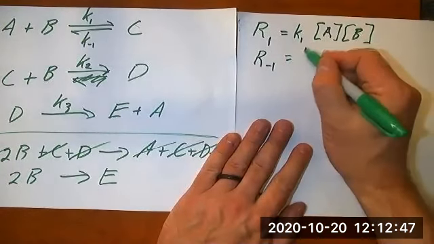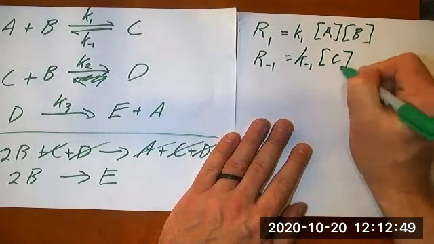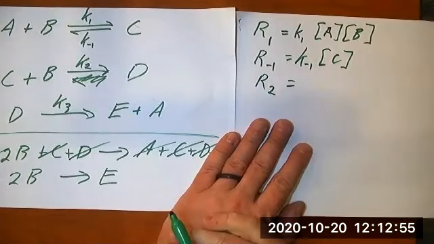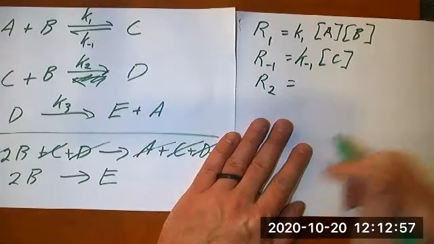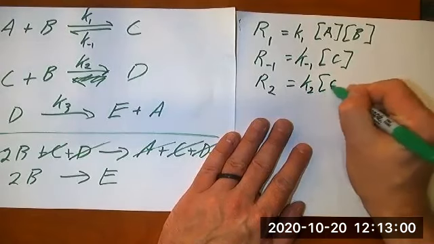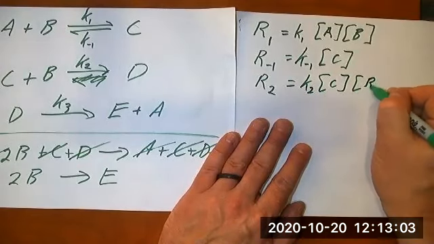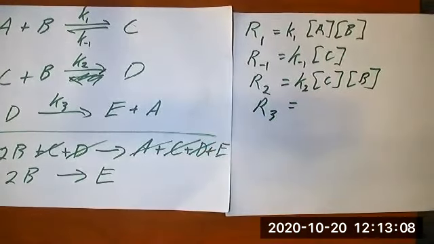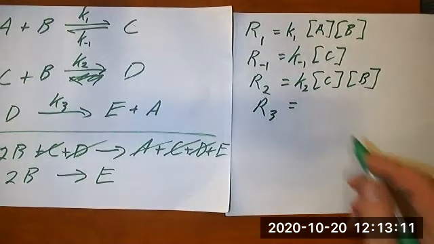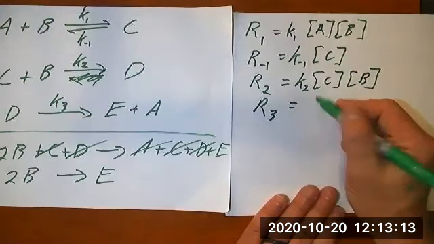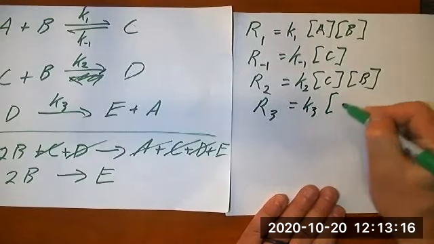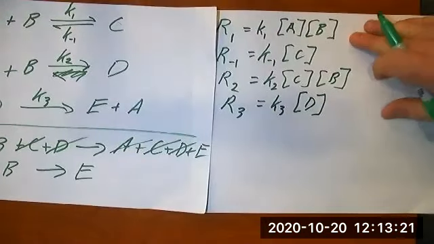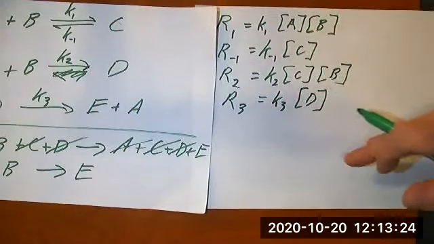That would be K minus 1 times concentration of C. Right? What is the K2 rate, so R2? Yep, K2, concentration C, concentration B. And then the last step, R3, what are we going to call that? K3, concentration D, right.